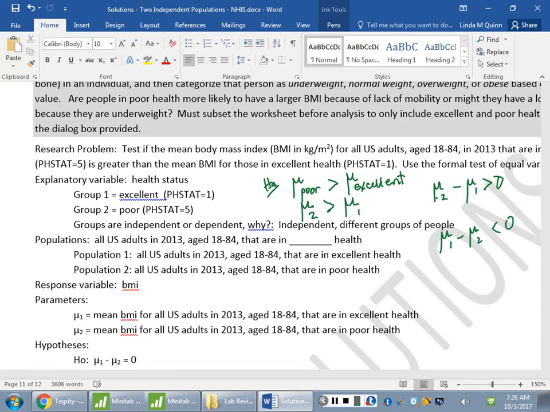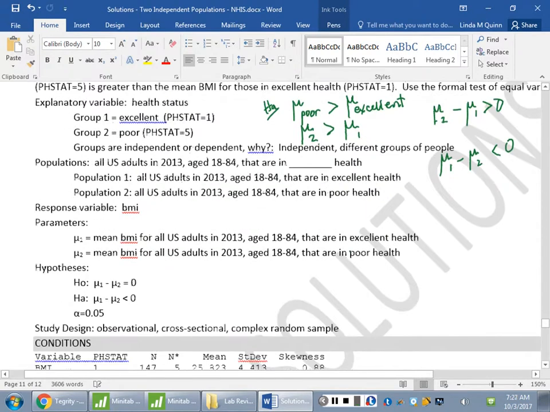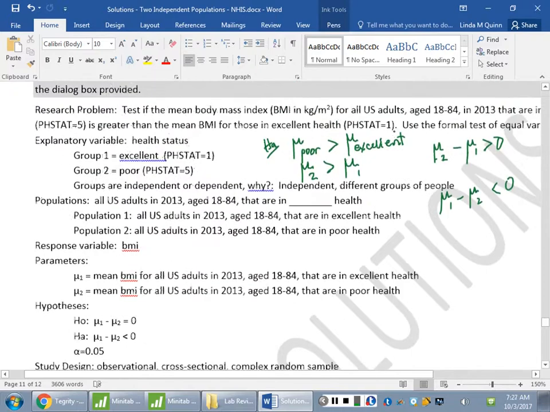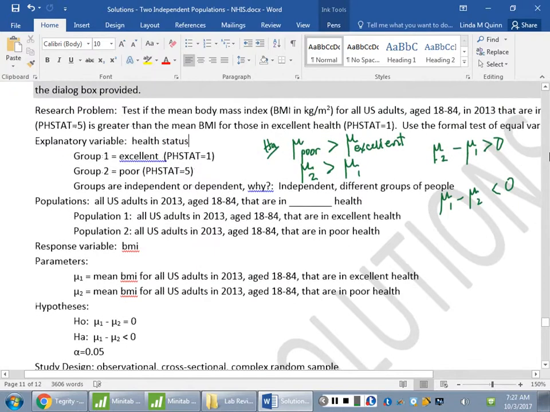That's why my hypothesis is less than. You could also start with the mean for excellent health should be less than the mean for poor health. All right, so that's our setup in our context section.